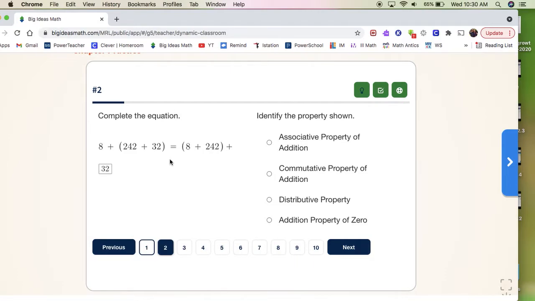The order did not change. The grouping changed. And remember, grouping is the associative property. It's like who you associate with, who's in your group. It's the associative property of addition because it's adding, not multiplying. Remember, the associative property we use in multiplication and addition.